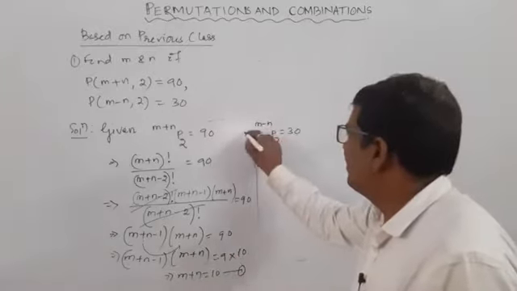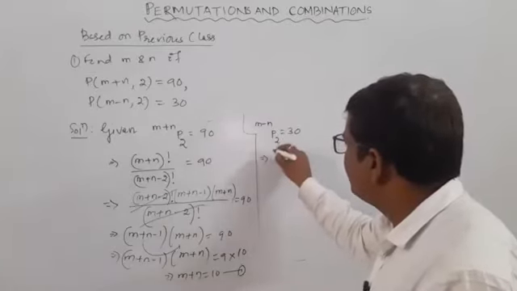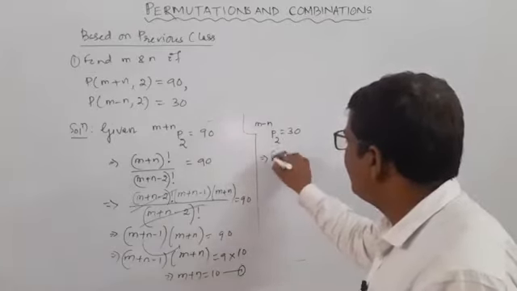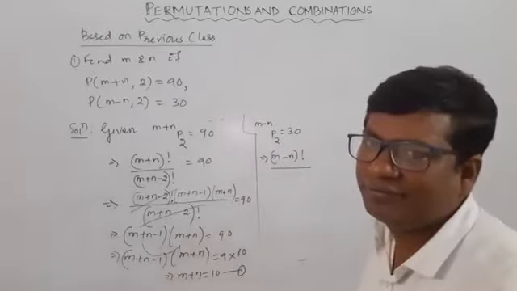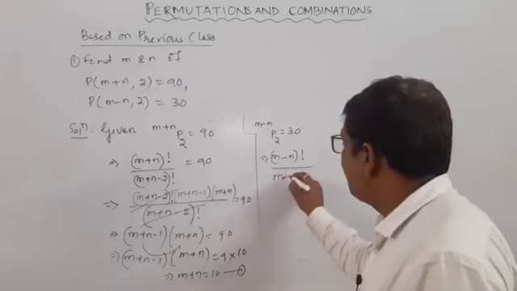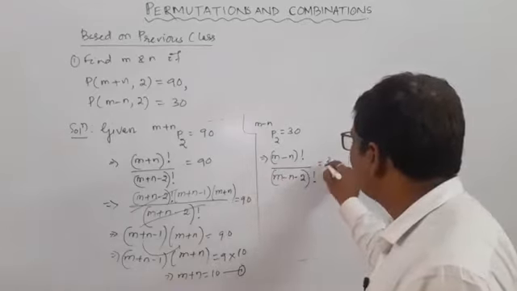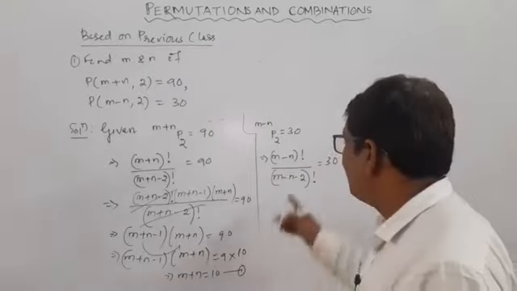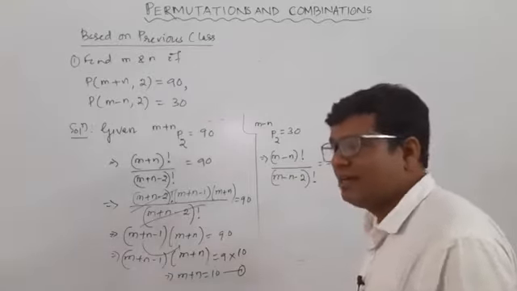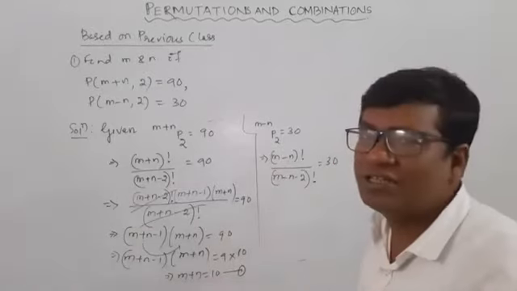Now from the other given data, we get (m-n)! divided by (m-n-2)! is equal to 30. Correct? Now which is greater? m-n is greater than m-n-2.